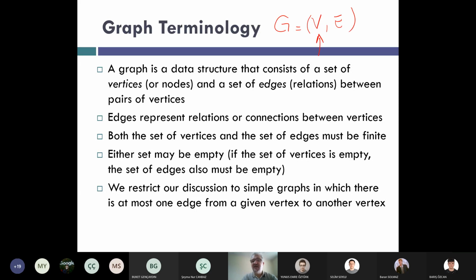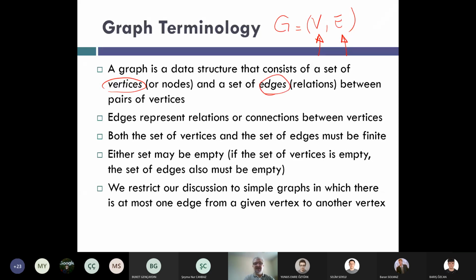One is the vertex set, the other one is the edge set. So a graph is a tuple with two sets. The first set is the set of vertices. The second set is the set of edges.